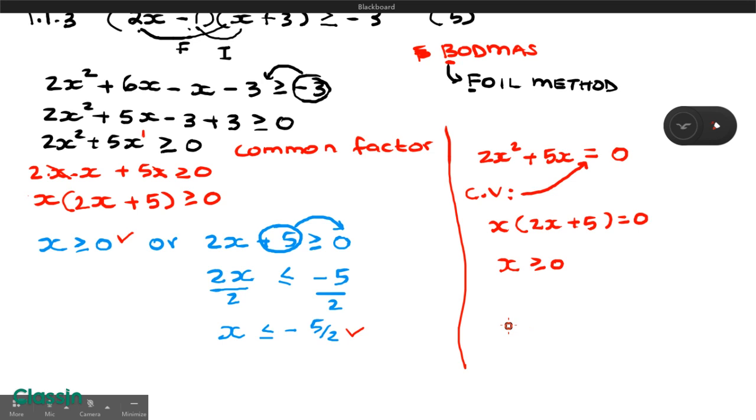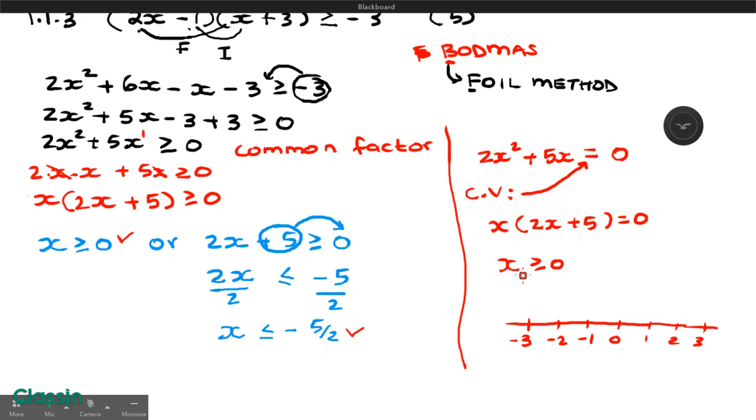Someone can say, if I'm looking for the x values, negative 3, negative 2, negative 1, 0, 1, 2, 3. Now, I'm looking for the values of x.